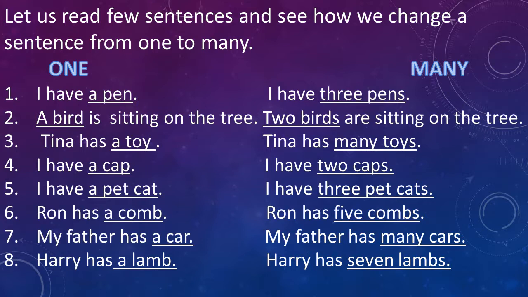Let's read the fifth sentence. I have a pet cat. I have only one pet cat. When I change it, I will say I have three pet cats. I have four pet cats.